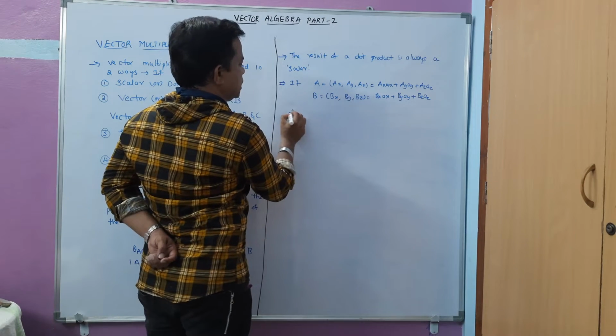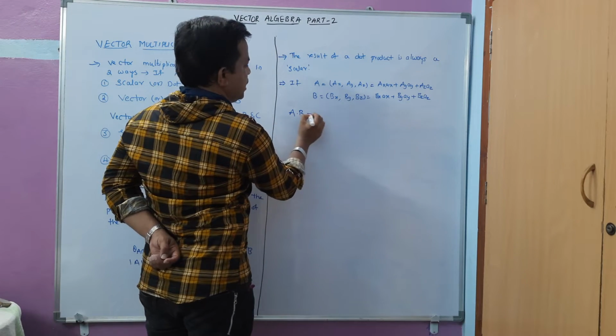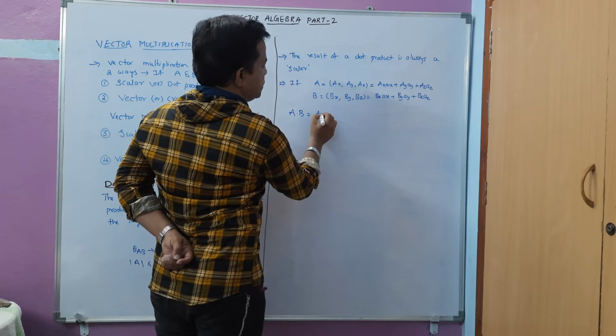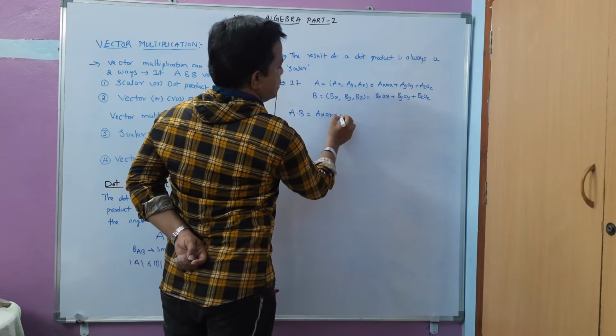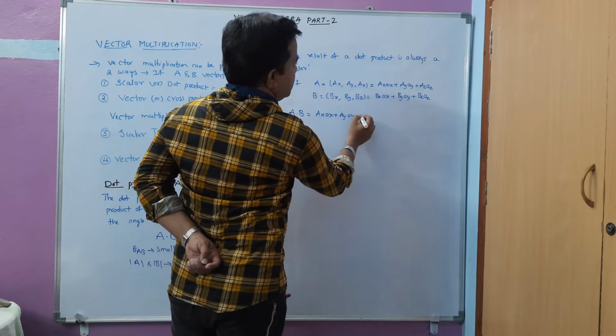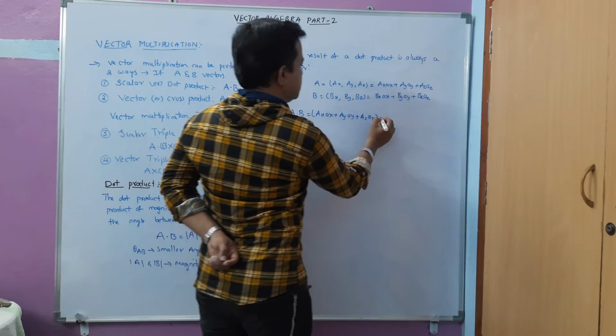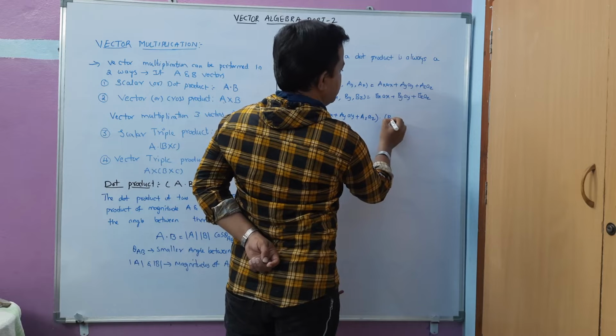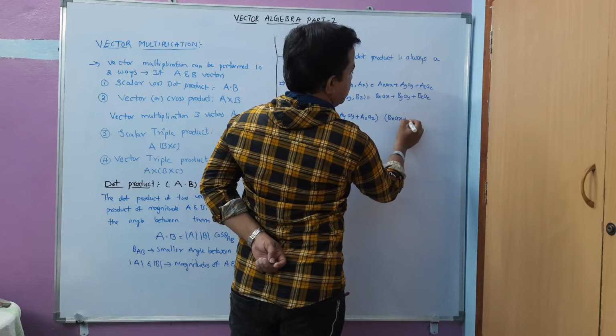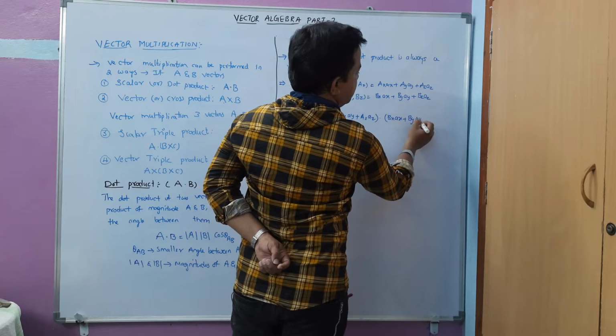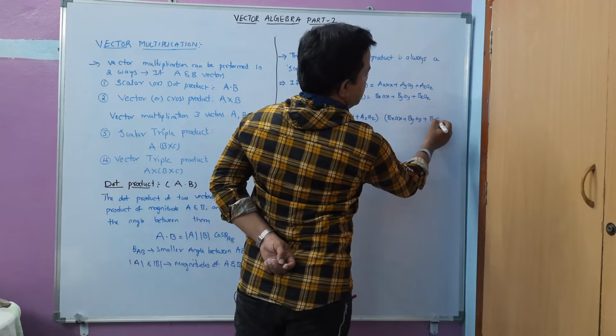A dot B is given as Ax plus Ay plus Az dot Bx plus By plus Bz.